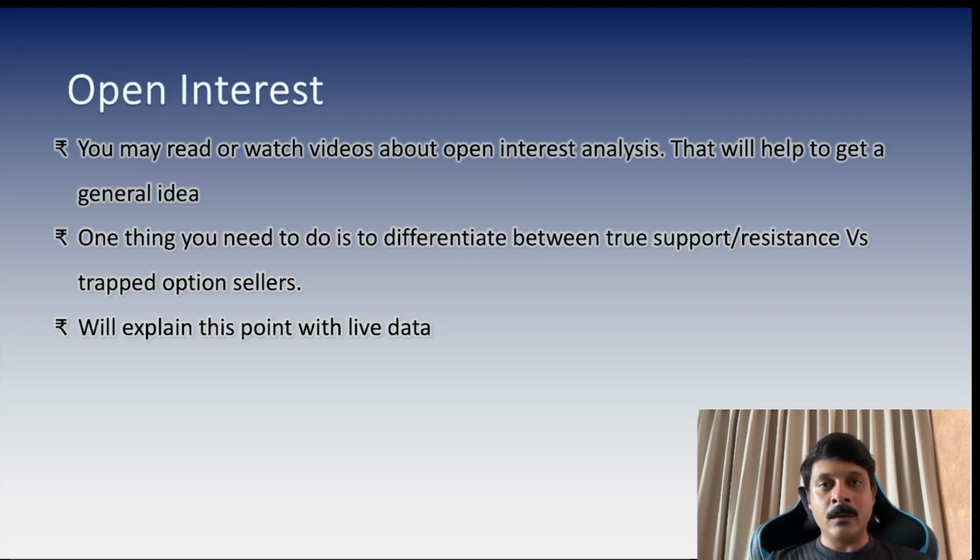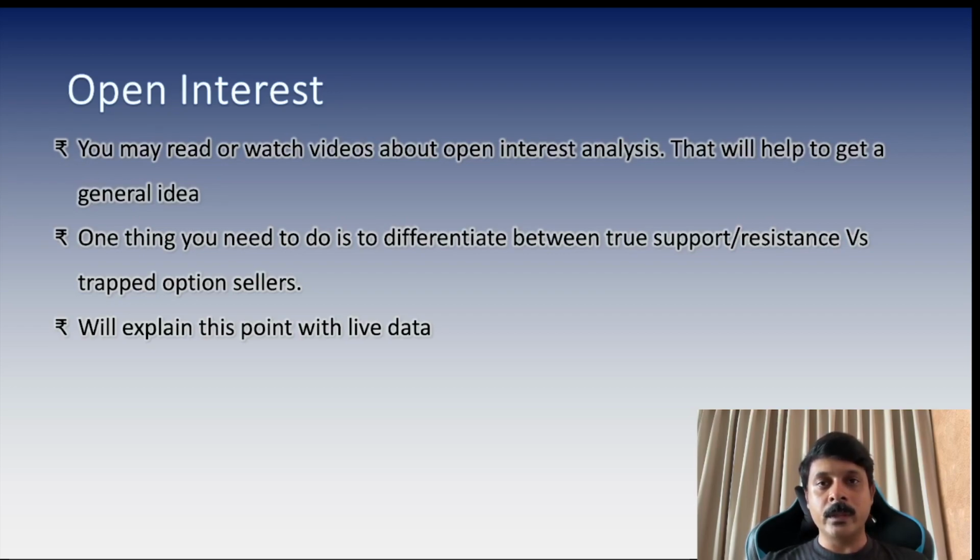Imagine in 2015, 16, 17, 18 or so, if open interest was high at one strike price, it could clearly be considered a resistance. Almost every time that was a resistance, because the people writing the options at that strike price were institutions or HNIs. But when the retail crowd came into the option writing arena, they started following wherever the market is moving.